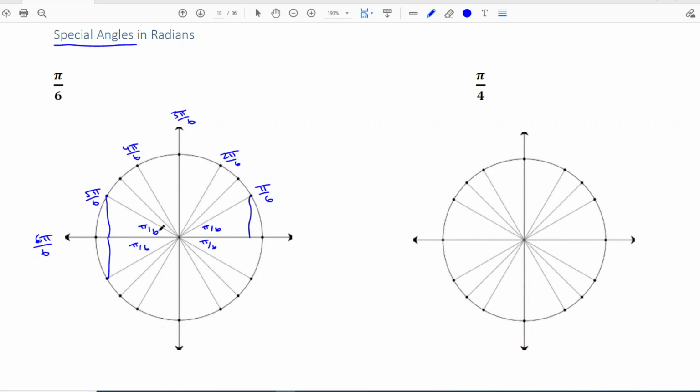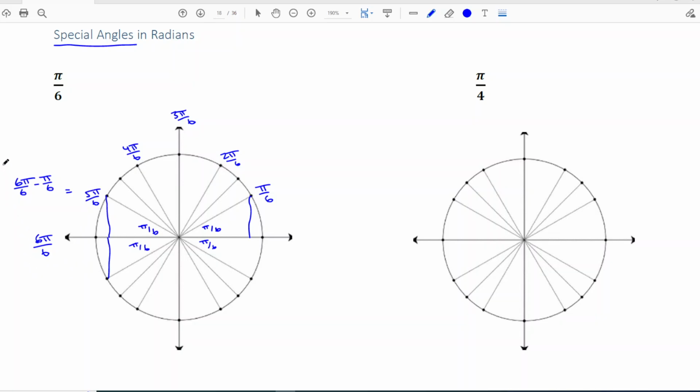So if you have a reference angle of pi by 6 in the second quadrant, you could see here the angle's 5 pi by 6, because it's 1 pi by 6 less than that full pi, which with a denominator of 6 would be 6 pi by 6. So 6 pi by 6 minus pi by 6 would give me 5 pi by 6.